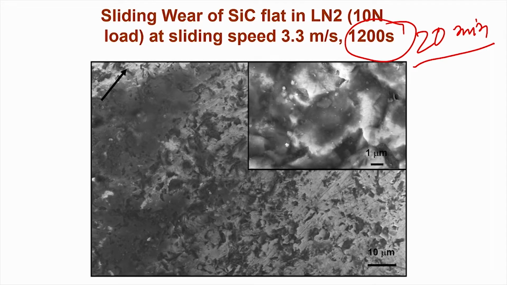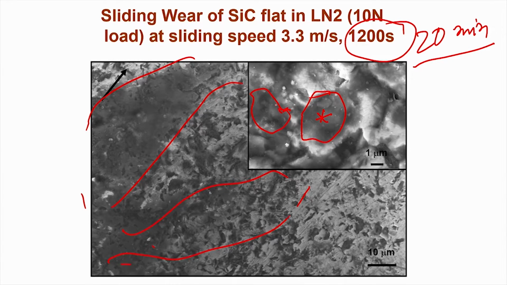Now, coming back to these scanning electron microscopy images, again you see this large region here, it is a tribolayer, and also here. If you blow up this particular region, you can see that there is a very thin tribolayer covering the individual silicon carbide grains.